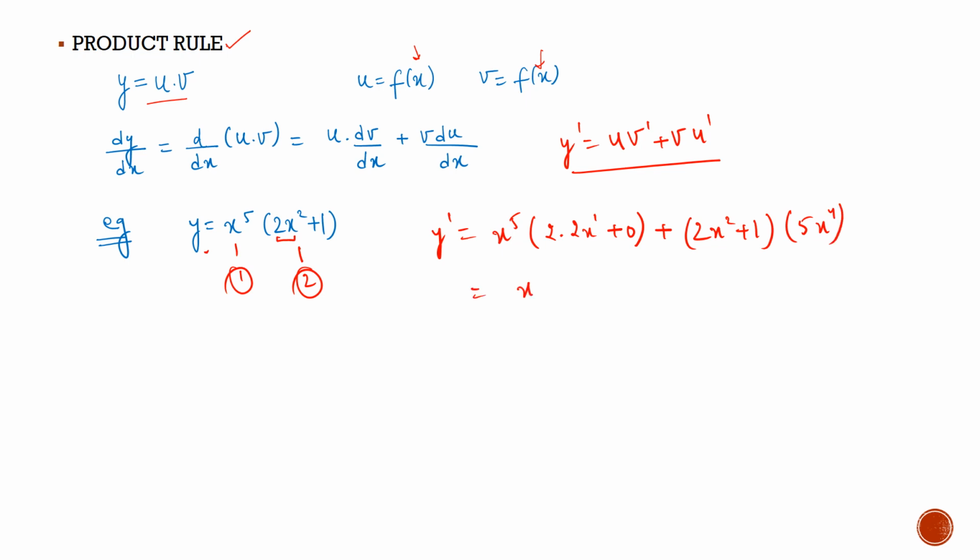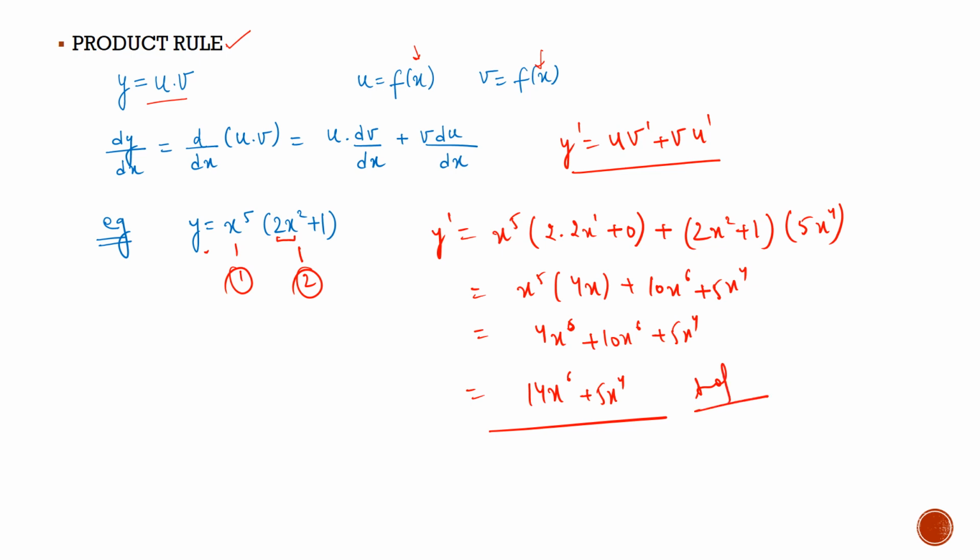So it comes out to be x to the power 5 times 4x plus 10x to the power 6 plus 5x to the power 4. Solving this, we have 4x to the power 6 plus 10x to the power 6 plus 5x to the power 4, which is actually 14x to the power 6 plus 5x to the power 4. So this is the solution.